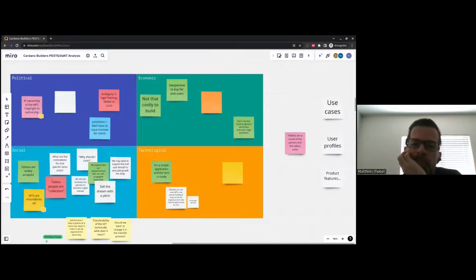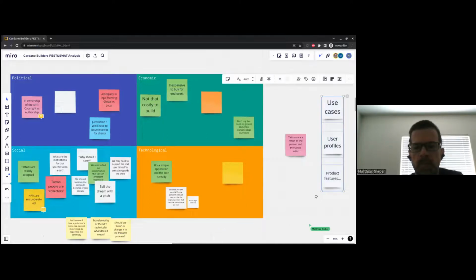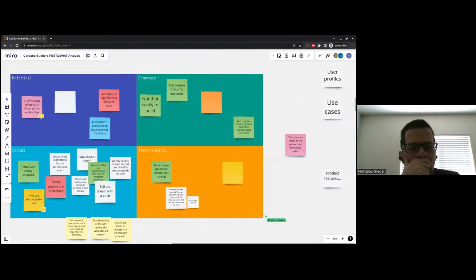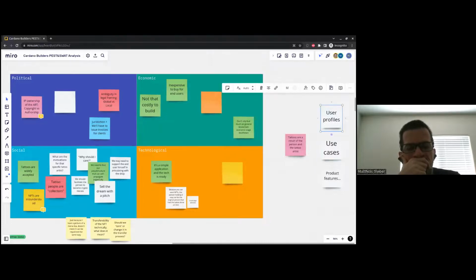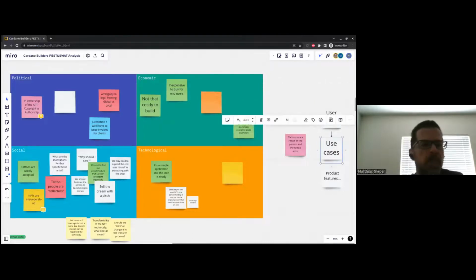Anyway, so here I have that tattoos are a result of the person and the tattoo artist, and these are just quadrants that we may need to develop. So user profiles aligning with use cases and resulting in product features. So maybe I can flip this upside down and toggle these together or connect them.